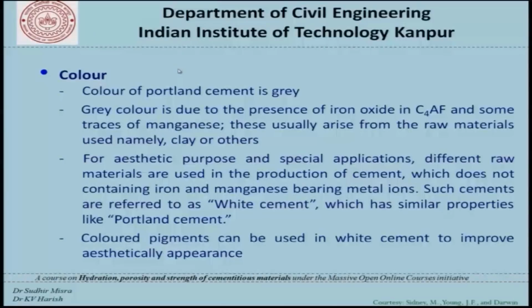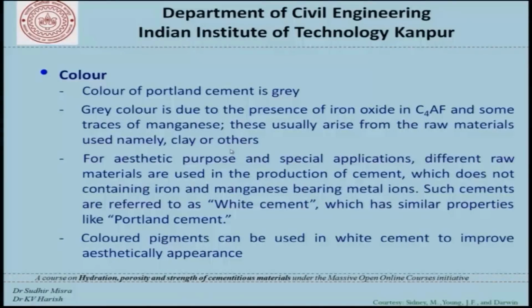The third important property is color. Portland cement is usually grey in color, and the grey color is primarily due to the presence of iron content in the raw materials. So, grey color is due to the presence of iron oxide in C4AF and some traces of manganese. These usually arise from the raw materials used, namely clay or others.